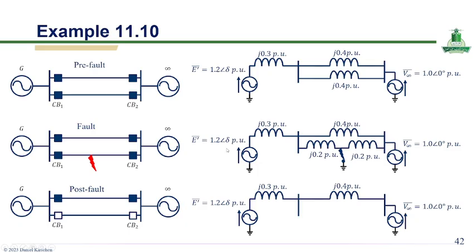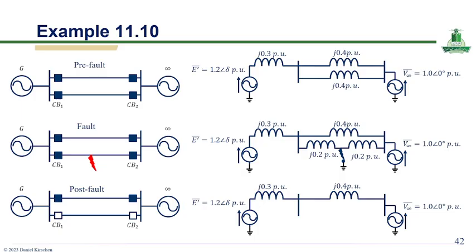Okay, this slide illustrates the pre-fault, fault, and post-fault operating conditions of a single machine infinite bus system for transient stability analysis. In the pre-fault condition, the generator transfers power through two parallel transmission lines, providing a lower equivalent reactance and higher power transfer capability.